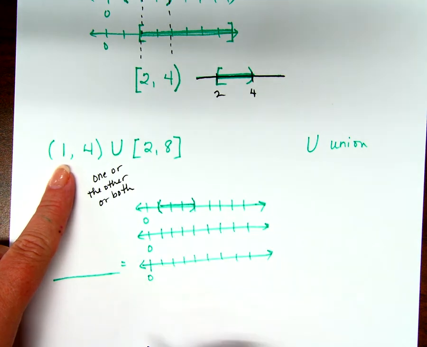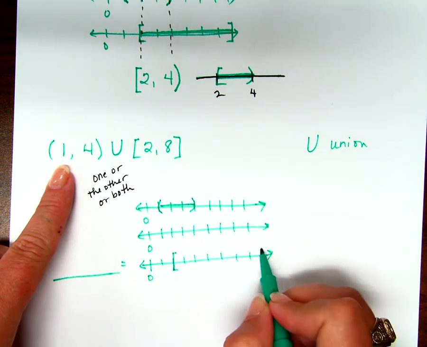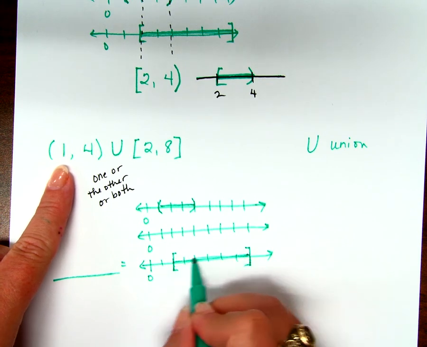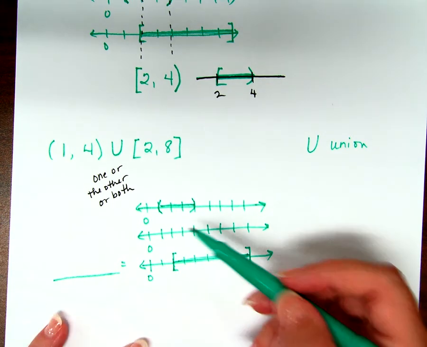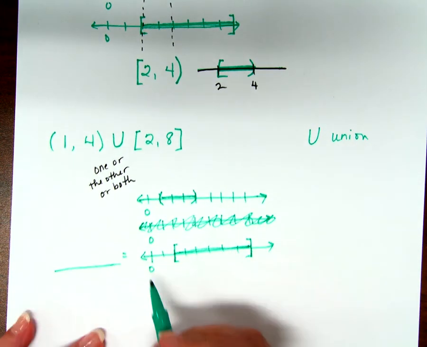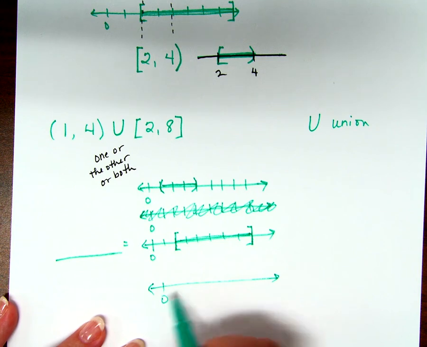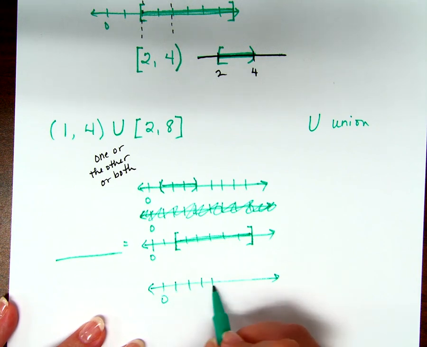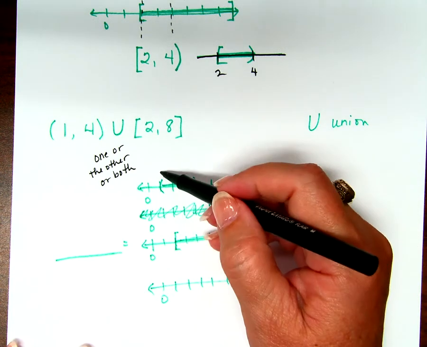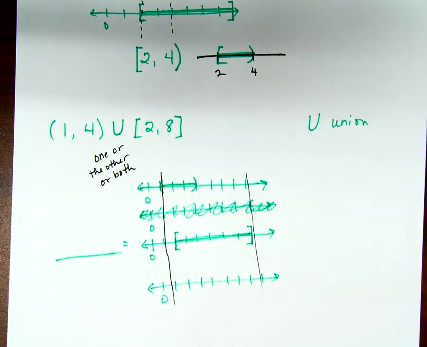Looks like that. 2 to 8 looks like this. Oh, dang it. I put it on the wrong one. Ignore this one then. Sorry. So one or the other or both is that, isn't it?